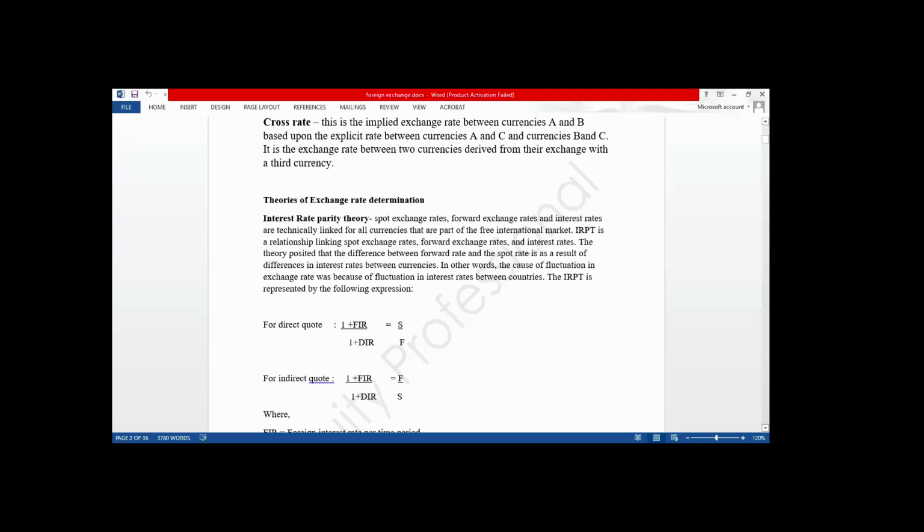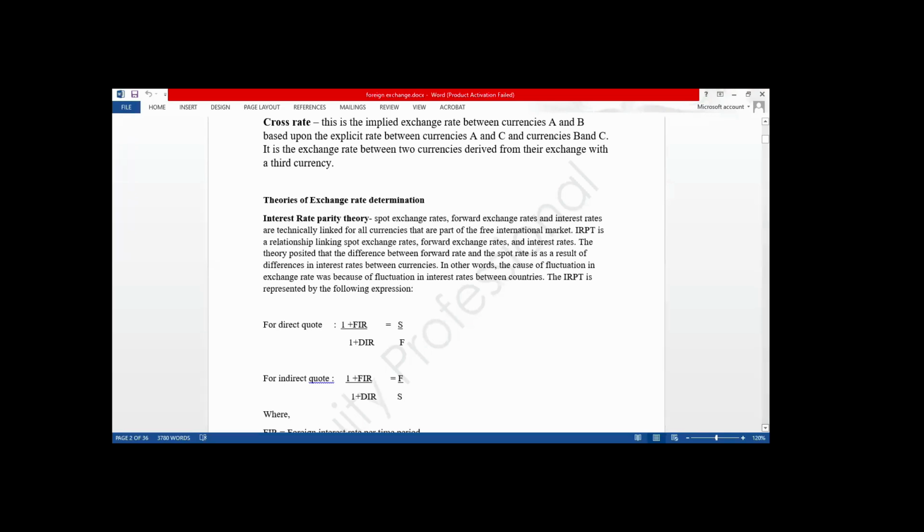The interest rate parity theory can be used to forecast future exchange rates between two currencies. We know the interest rates between the two countries, and we know the spot rates. Then we can forecast future exchange rates.